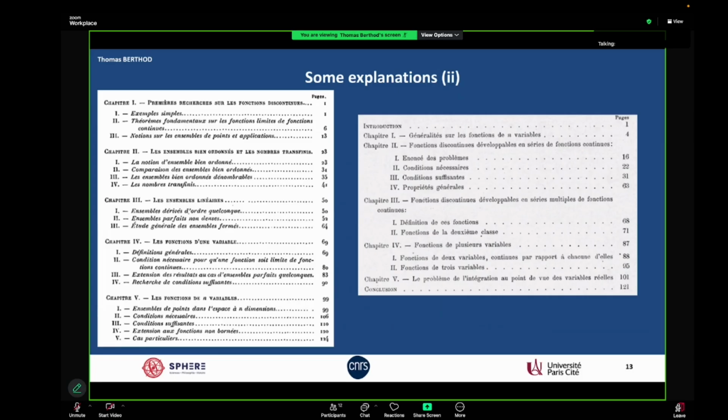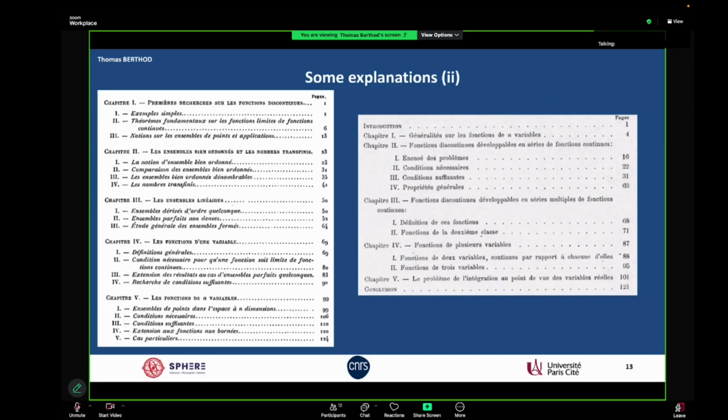So the chapter 2 and the chapter 3 that deal with some concept about set theory. And in this chapter, you have only diagrams with 1 dimension. So this is the big difference, because the content of these 2 chapters are really split in different sections in his PhD thesis. So you have not the same structure, the same organization.